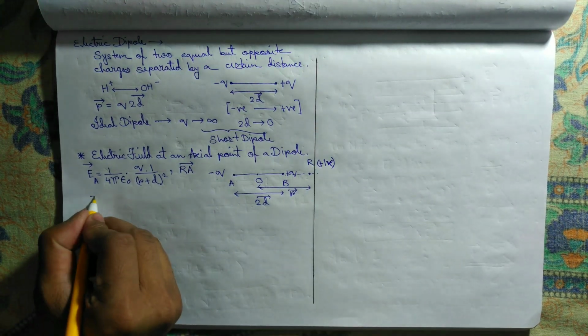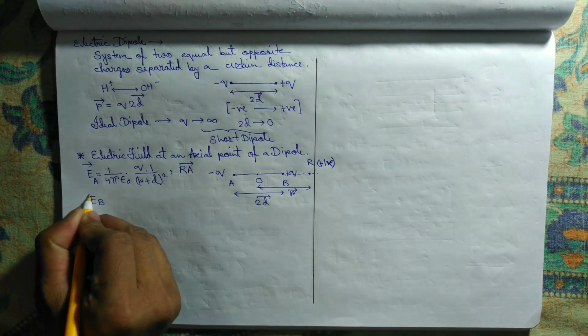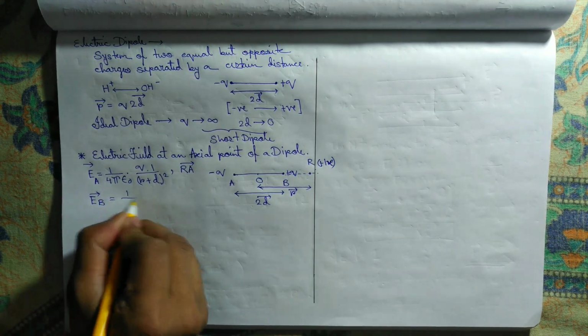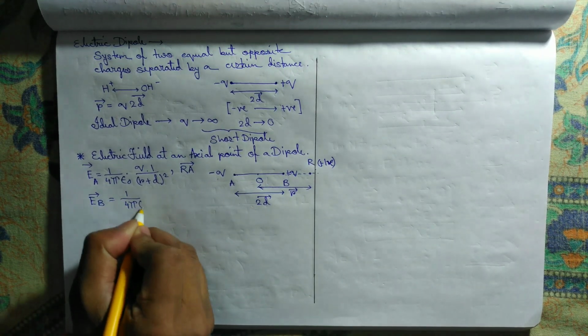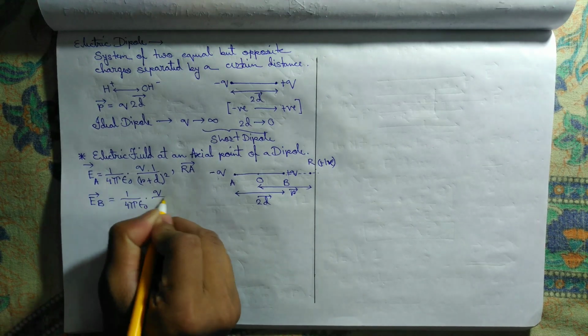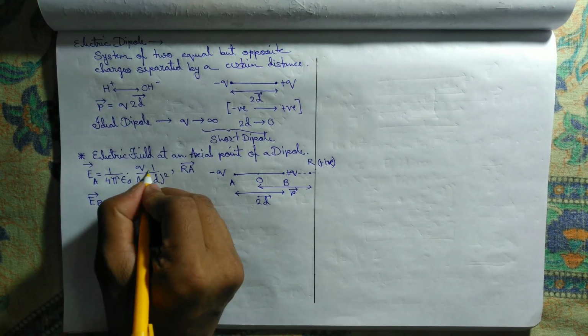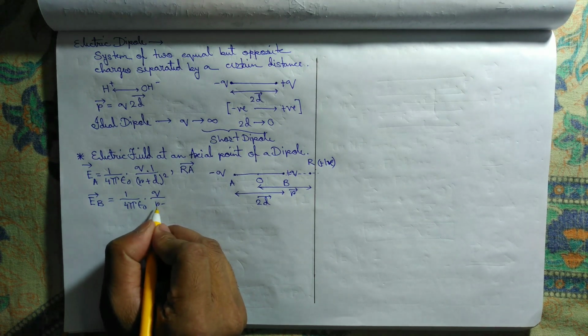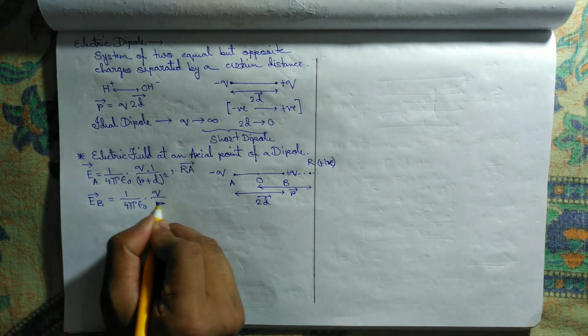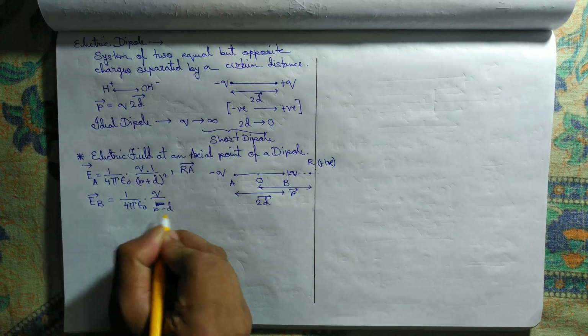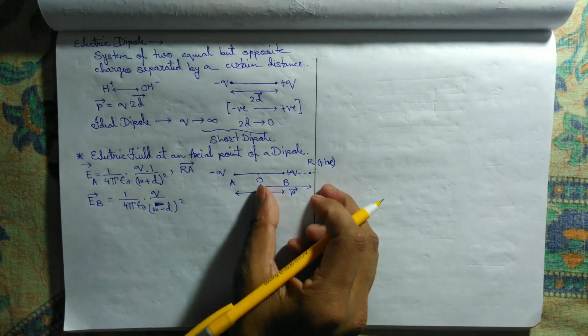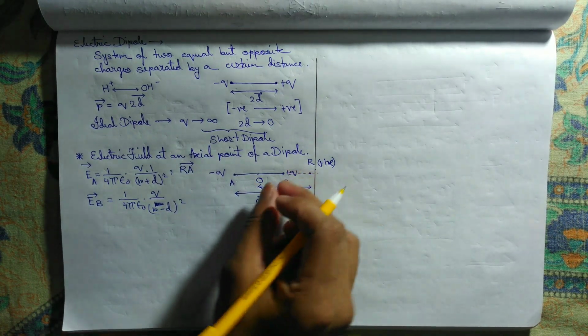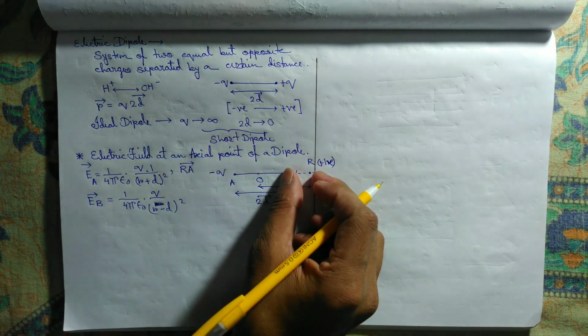Similarly, due to the point charge B, it will be 1 by 4 pi epsilon naught times q into 1 by (r minus d) whole square, because the distance will be r minus d.